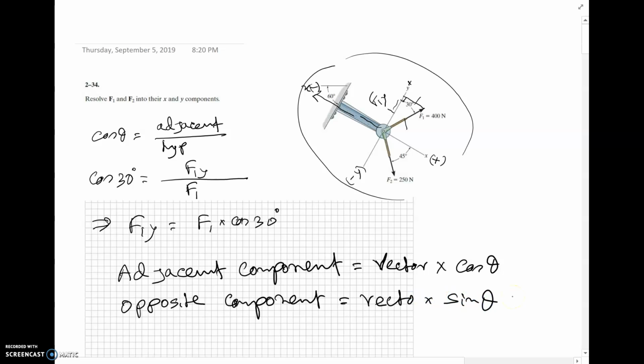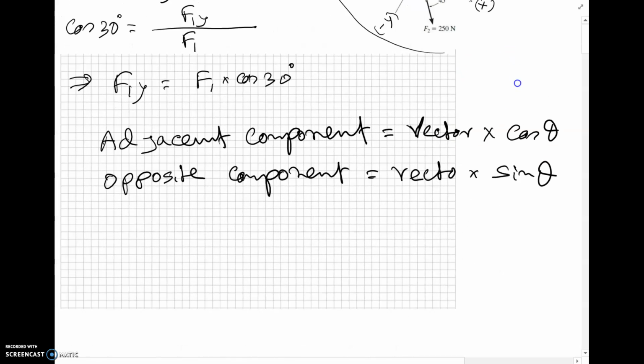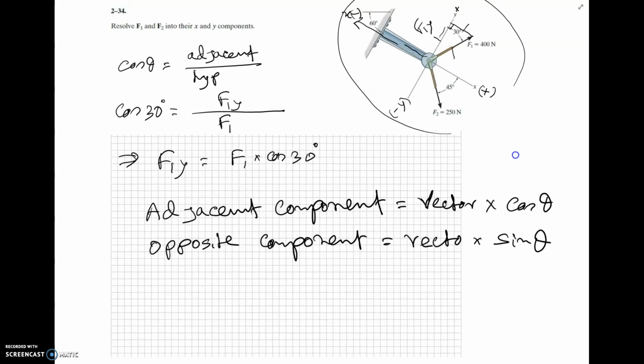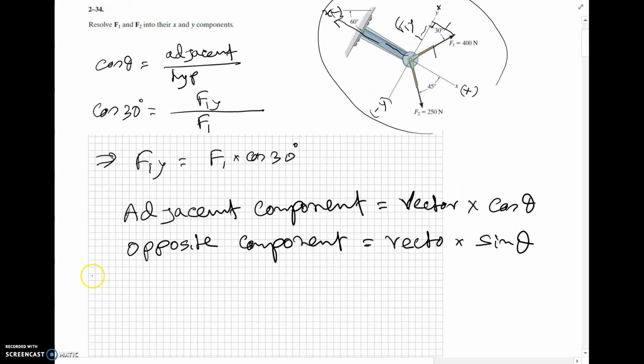So for F1, first we take the component on the y-axis, that is F1y, which is the adjacent component for this angle.